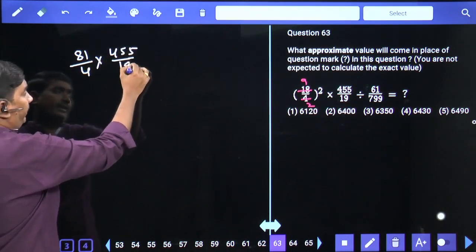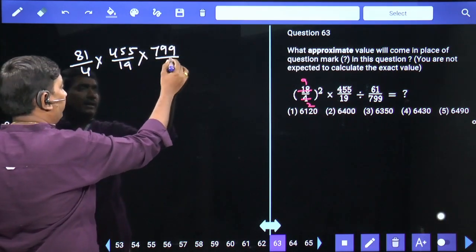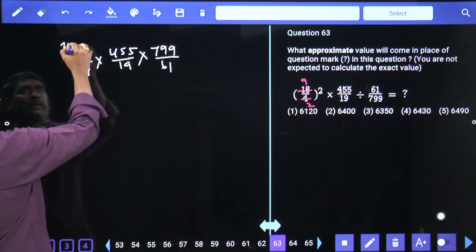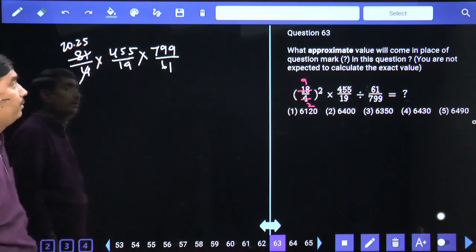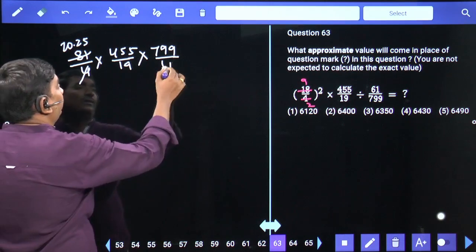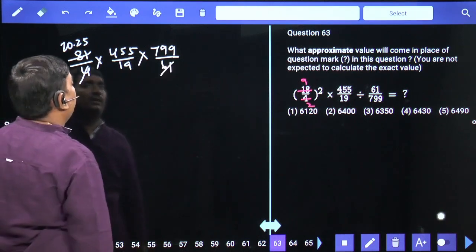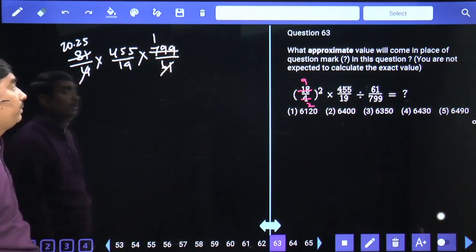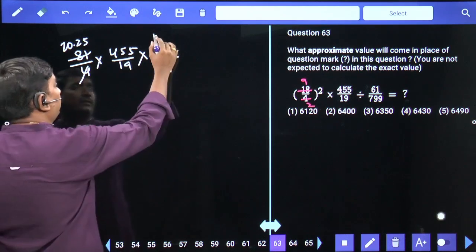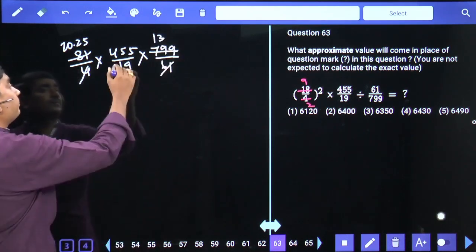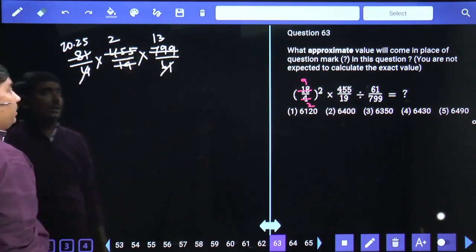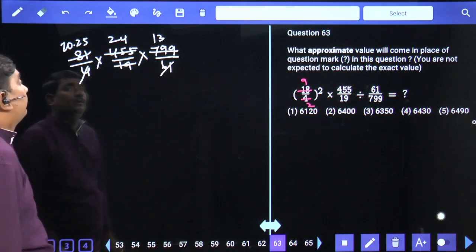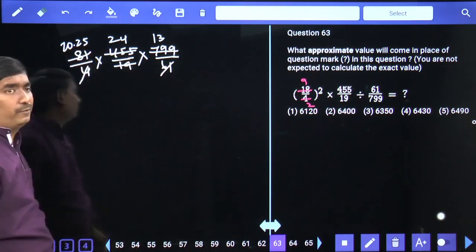455 by 19 into 799 by 61. 799 by 61. 455 times 20.25 times 61. 61 ones are 61, left with 189. 189 means 3 times, more than 13 times. 19 twos are 38, remaining 75. 19 fours are approximately 24. 20 times 480.